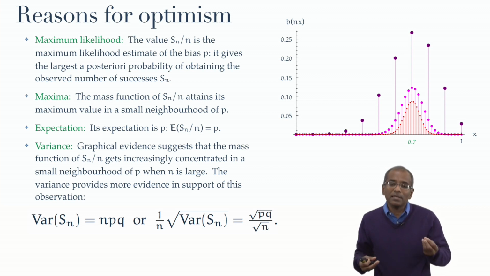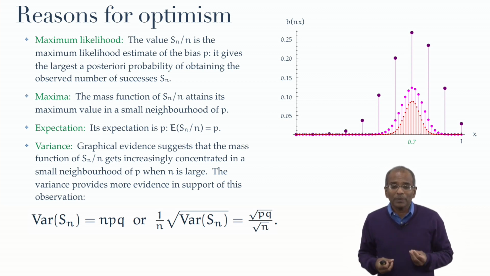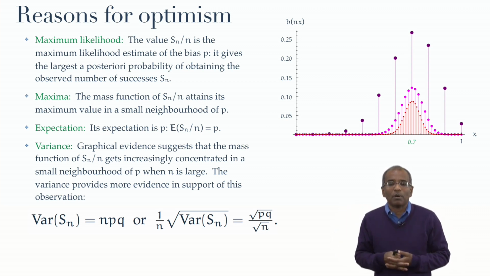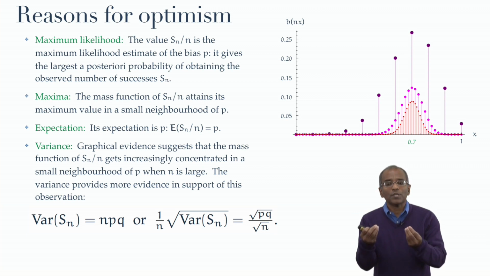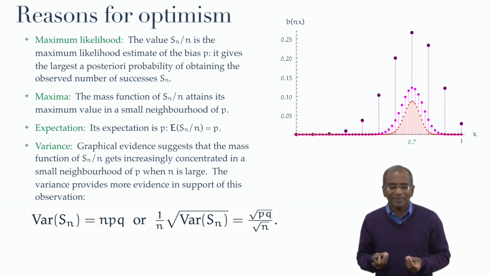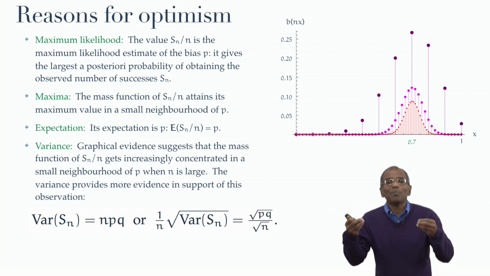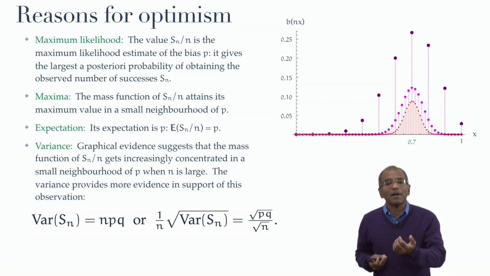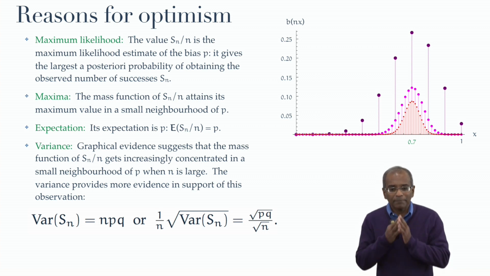It behaves like n times p times q. Or, since the variance captures the expected squared deviation from the center, if we look at the square root of the variance, or the standard deviation, divided by n, that should give us then the per unit or per sample spread around the center. And that, by a simple calculation, now becomes the square root of pq divided by the square root of n.